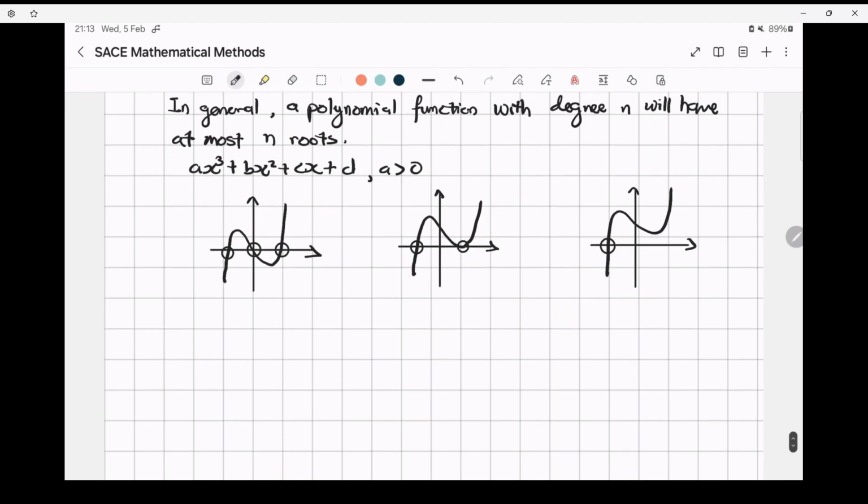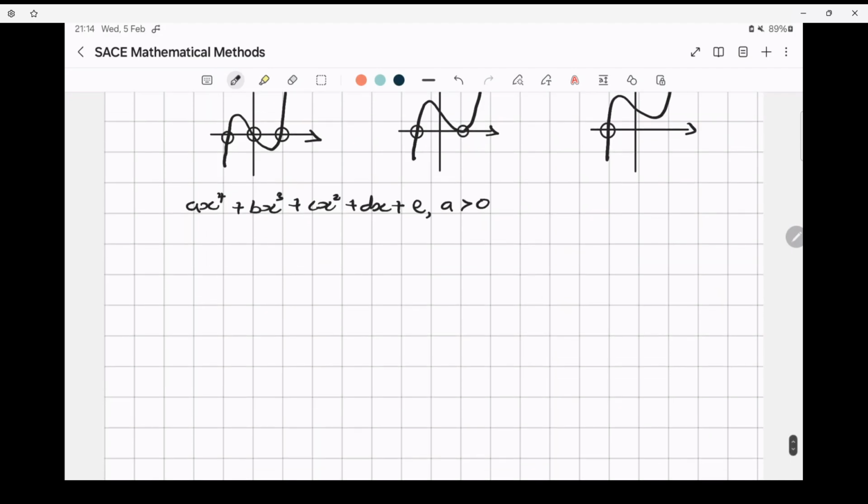So what happens if let's say you have ax to the power of 4, bx to the power 3, cx to the power 2, dx, and then e, and a is greater than 0. You actually go back to more or less like a U-shaped graph.